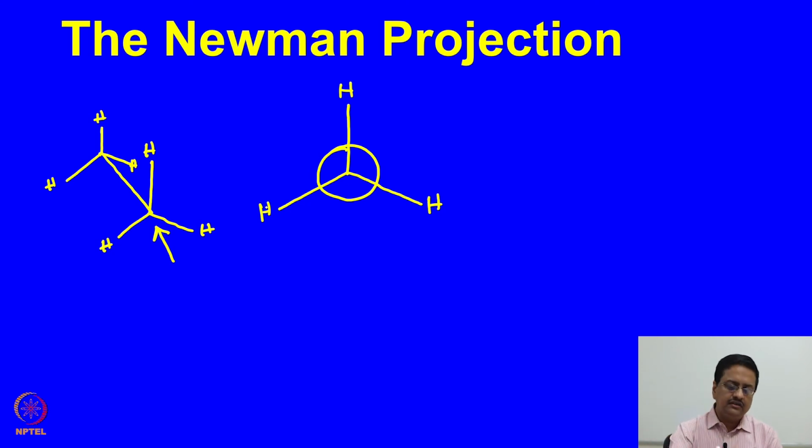So, we draw them with smaller sized bonds following the same trend. This way of representing a molecule is called the Newman projection.